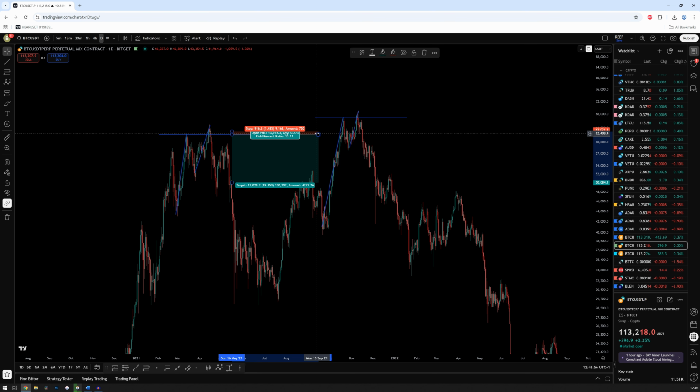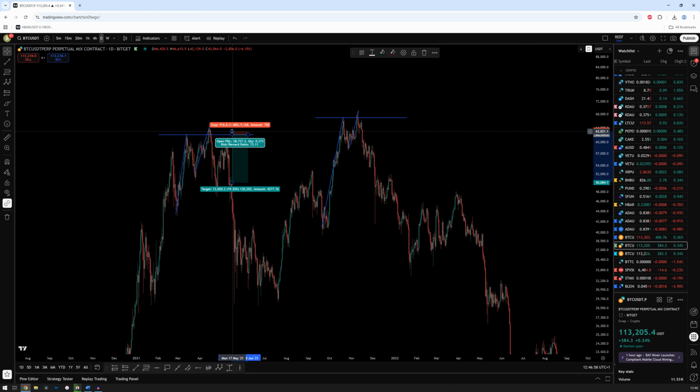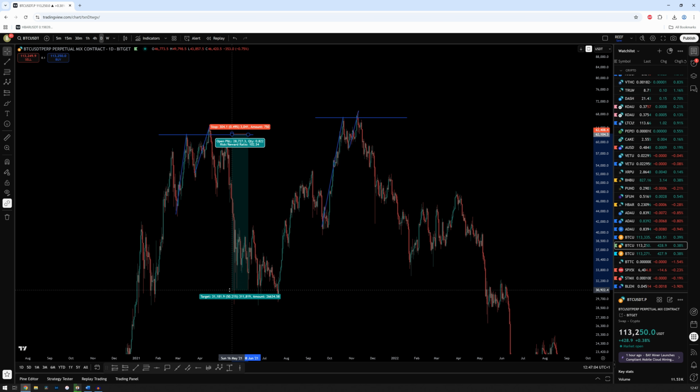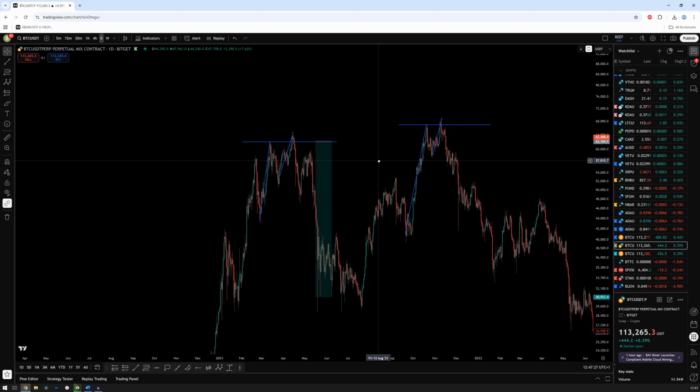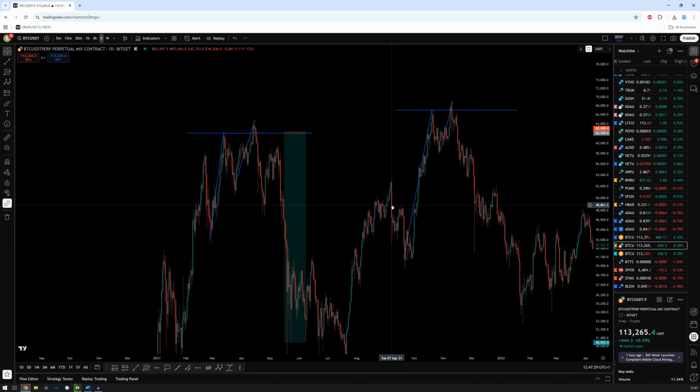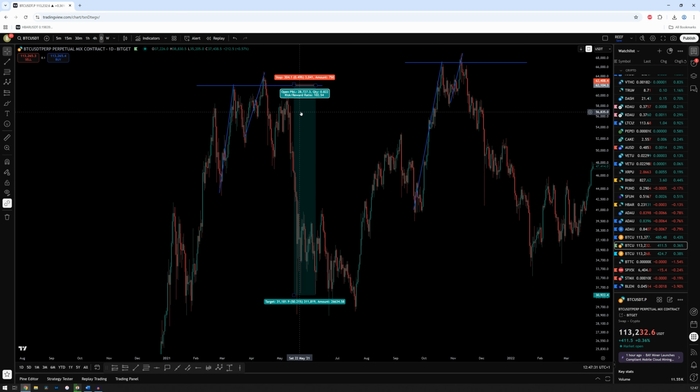Now I typically use a 0.5% stop loss on BTC, and this was a monster trade. Check this out guys, this was a 102 R&R trade if you got that entry there. And then of course the bear market came.